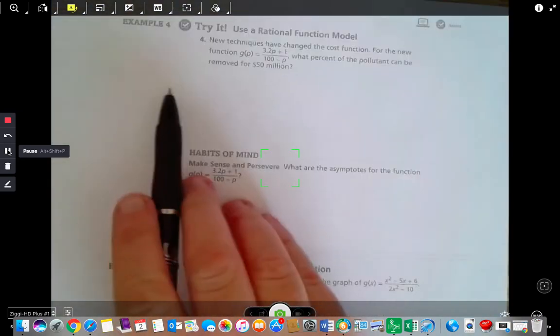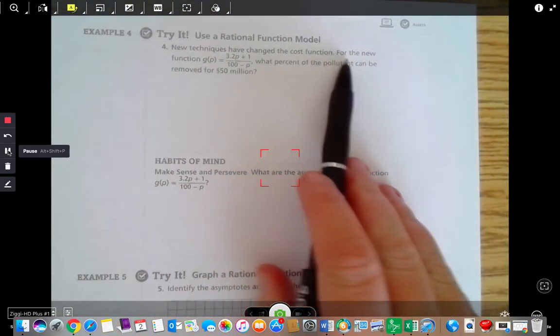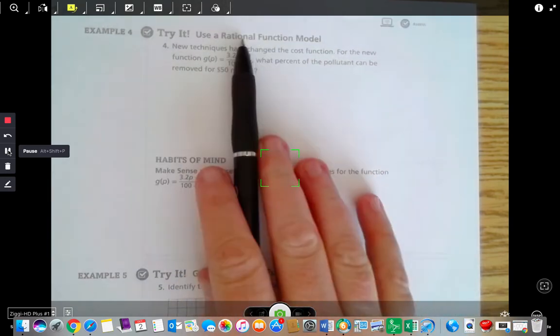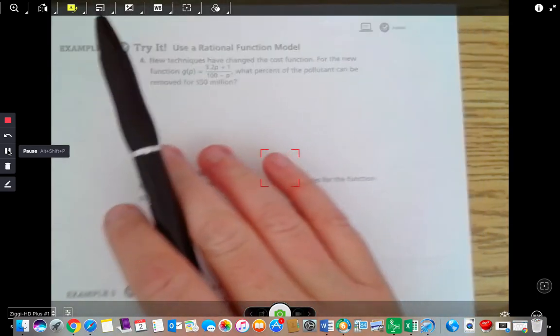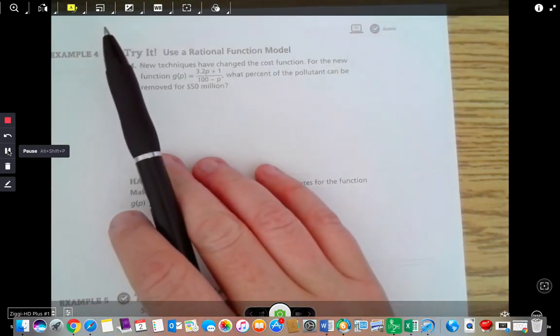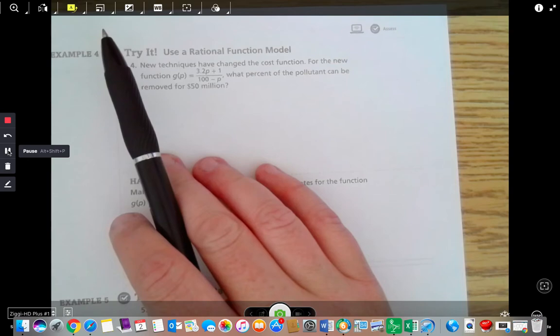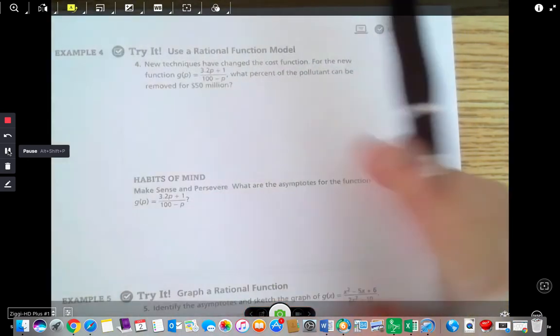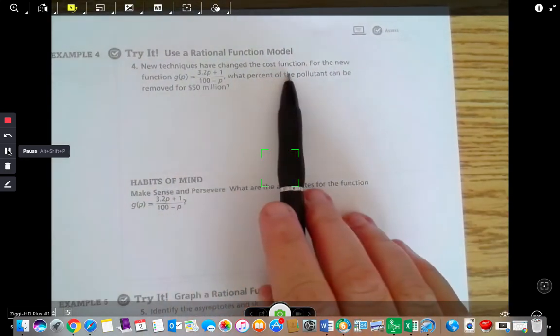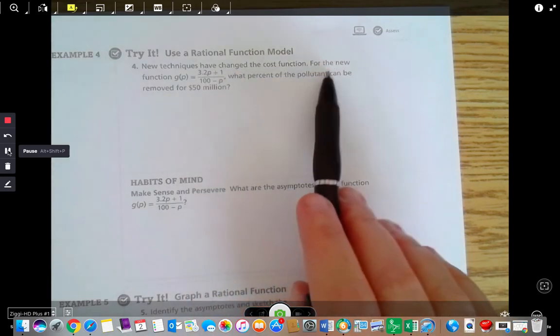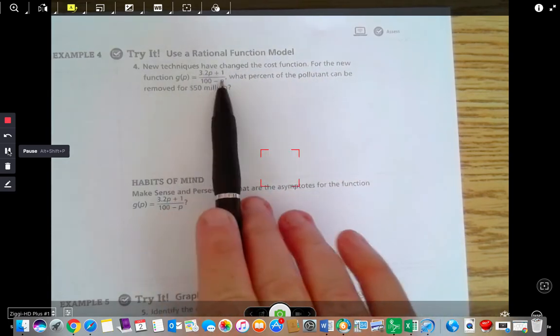Alright, this one says new techniques have changed the cost of the function, and that's piggybacking off of example 4, which talks about the cost of removing a pollutant and how much money it's going to cost to remove it. For the new function, they give you this new equation.